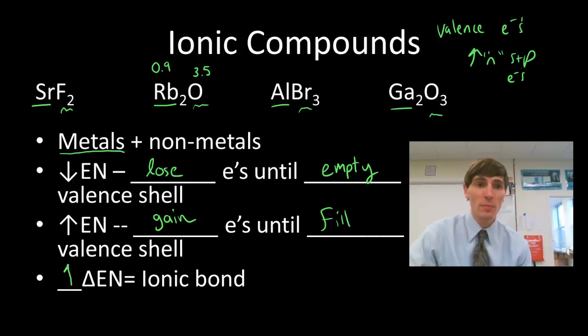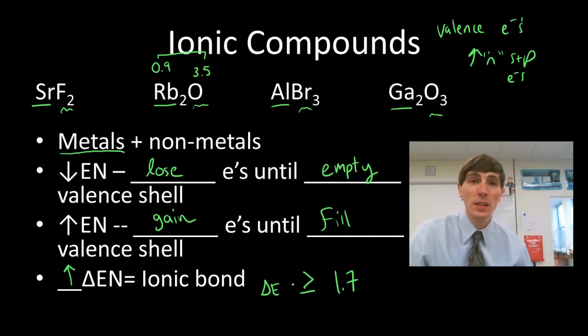When we have this very big difference in electronegativity, usually greater than or equal to 1.7, we're talking about ionic bonds. Now, it's not always going to be right around 1.7 or bigger, but it's a general rule of thumb. It's a metal and a nonmetal with a high difference in electronegativity, so we're going to have an ionic bond.